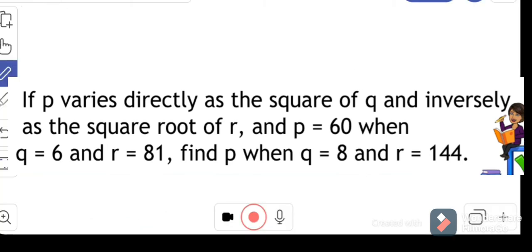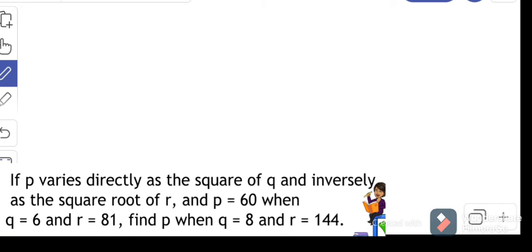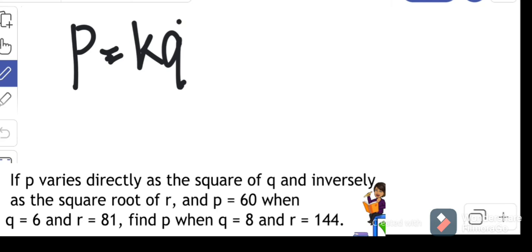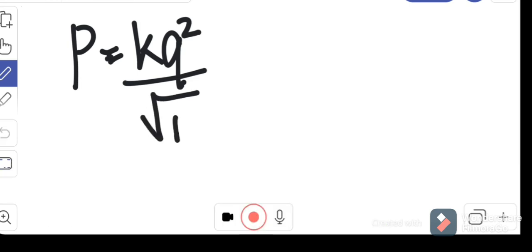If p varies directly as the square of q and inversely as the square root of r. Okay, let's write it. So we have p varies directly as the square of q, so we have q squared, and inversely as the square root of r, so the square root of r.